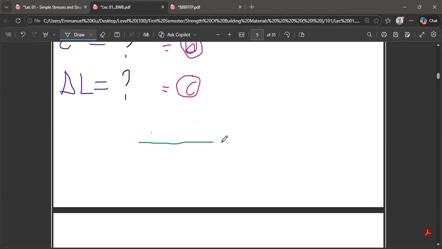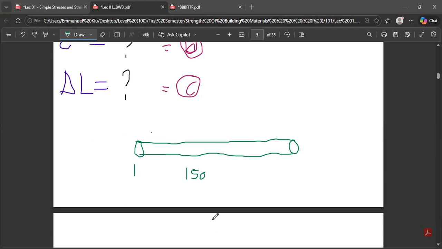So from whatever question we read, we can just try to put a diagram to attract more marks. So they say a rod 150 centimeters long. I'm going to put the 1,500 over here. This time I want to work like an engineer. So 1,500 millimeters.